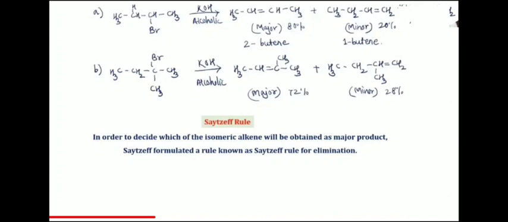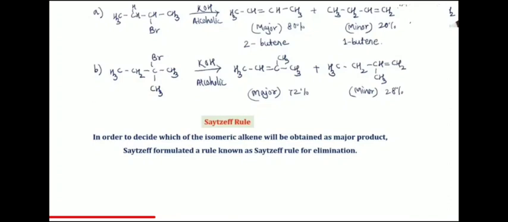It contains about 80 to 81% of 2-butene plus 19 to 20% of 1-butene. So here 2-butene is the major product and 1-butene is the minor product.